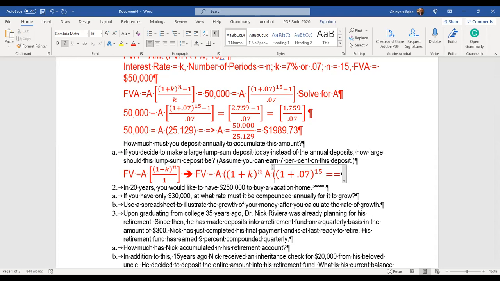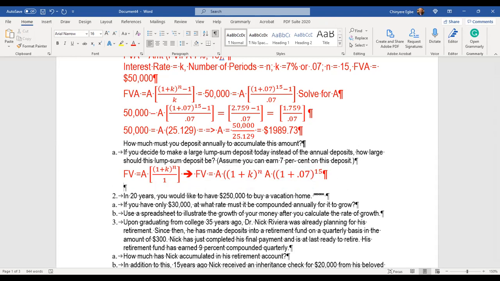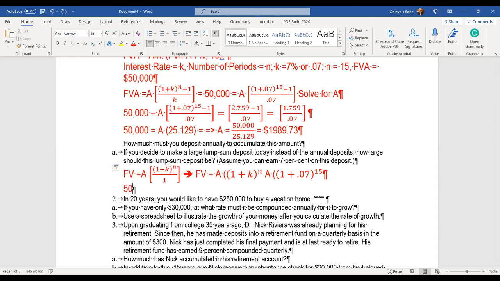This implies that, let's make it simple. So 50,000 will be equal to an amount times, what's 1.07 to the power 15? Can somebody help me out?